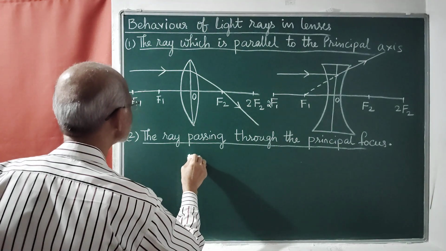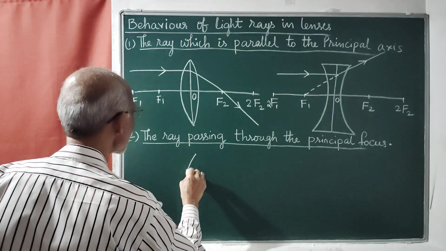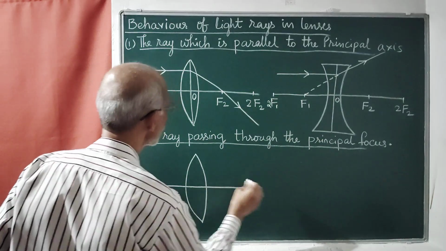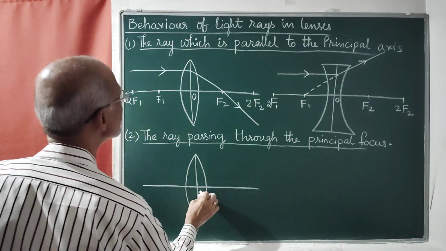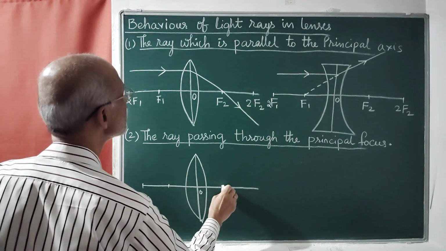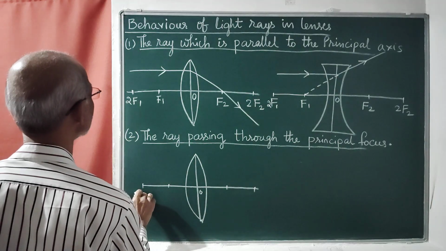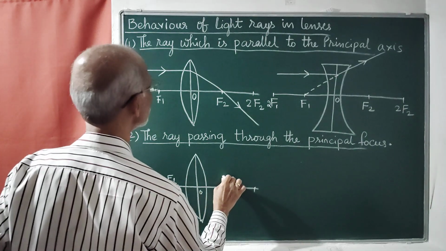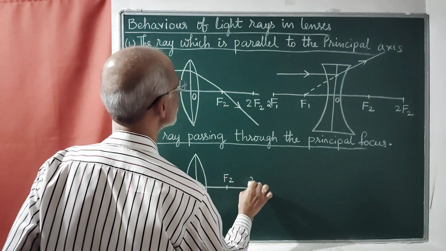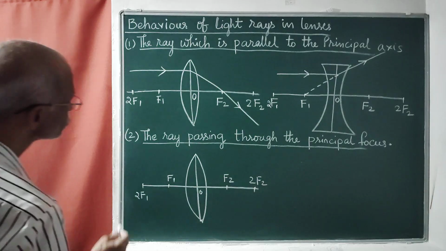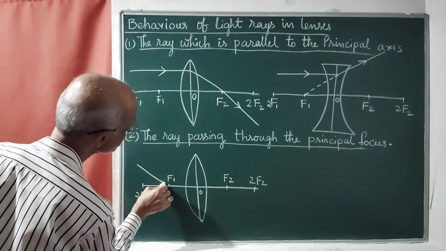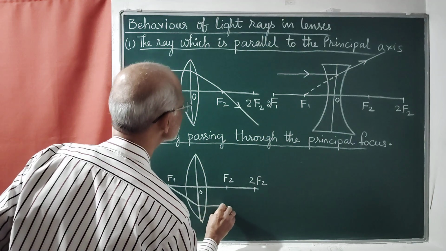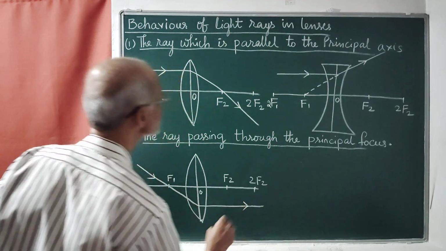In the case of a convex lens, the ray that passes through the principal focus, after refraction, goes just parallel to the principal axis.